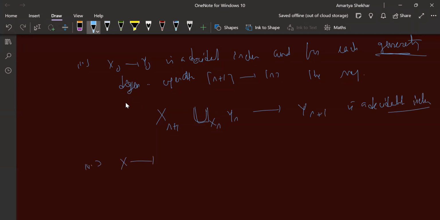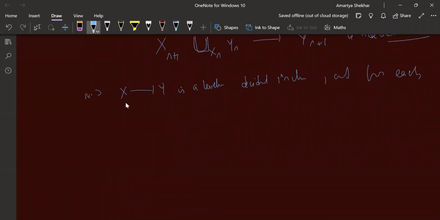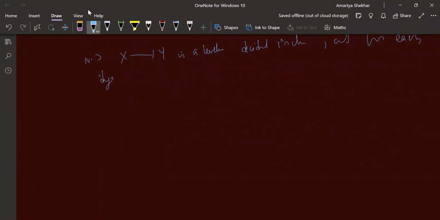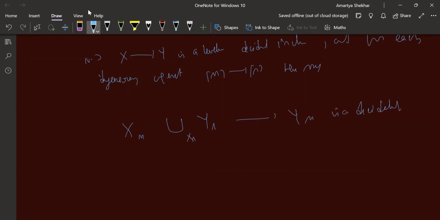So the third one is, if it is levelwise, meaning in all the levels, a decidable inclusion, and for each degeneracy operator, from n to n, the following map is a decidable inclusion.